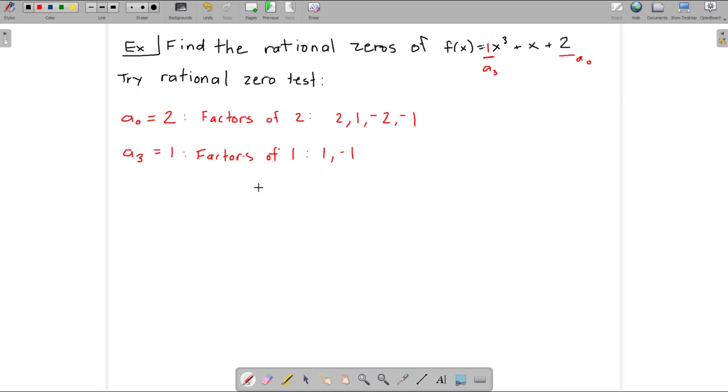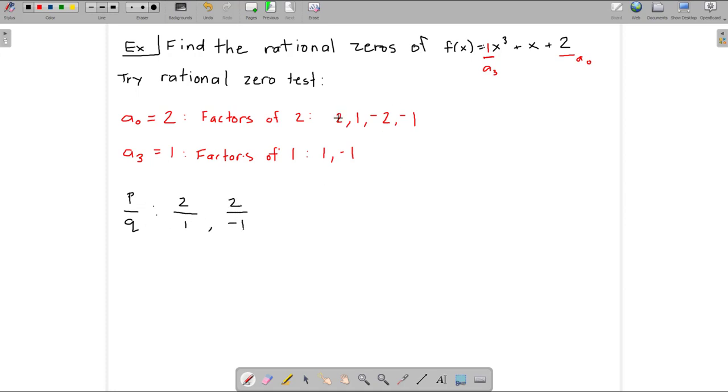And so now I want to look at my p over q's, where p was a factor of this a sub 0 and q is a factor of this a sub 3. So let's look at all of our factors of a sub 0, which I have listed right here. So then for p over q, I can have, we'll just take this first one first, 2 over 1, or I can have 2 over negative 1, right?